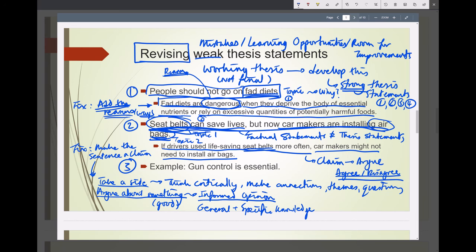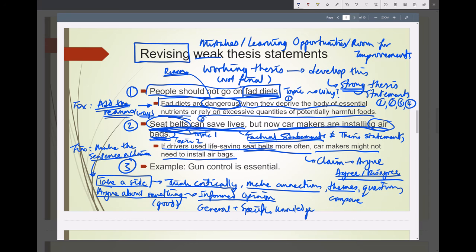Okay, so if you find yourself making factual statements in your thesis statement, you need to make the sentence a claim by taking a side, which means think about the issue critically, make connections about the things that you know about the facts, look for common themes, compare. Maybe you would compare the benefits of seatbelts versus airbags, how many lives they save.